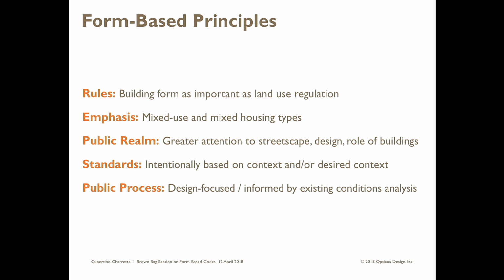If it already is there, we take a DNA sample, take it apart and say, what makes that place the way it is? Measure it, take it apart, and then you reverse engineer that into standards. And then the last one is the public process. These codes are always done in a public process because we are fighting against that negotiated approach where it's done behind the scenes, but it's not necessarily always very public.